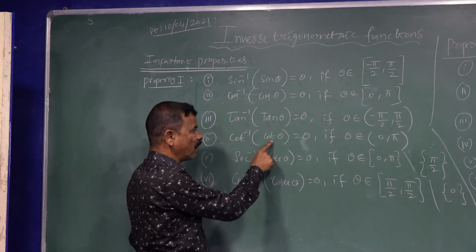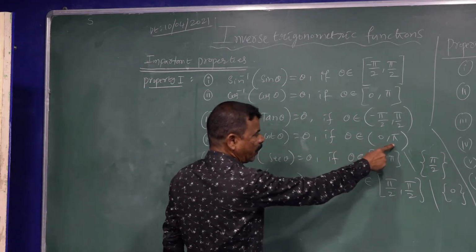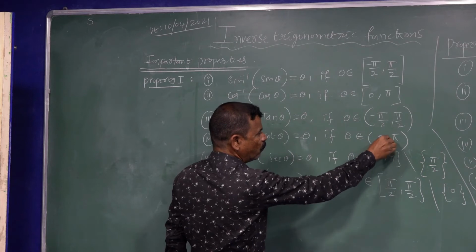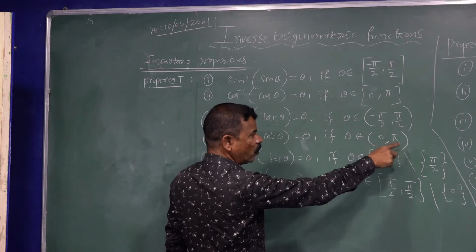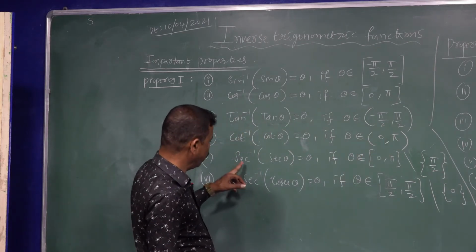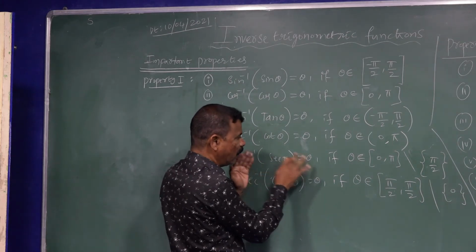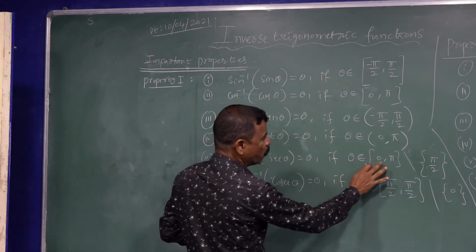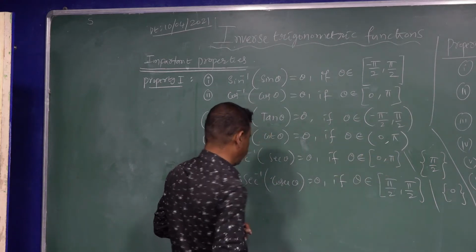Here cot inverse of cot theta is equal to theta if theta belongs to 0 to π, not 0, not π, in between 0 and π, above 0, below π. Here sec inverse of sec theta is equal to theta when theta belongs to 0 to π, including 0 and π.